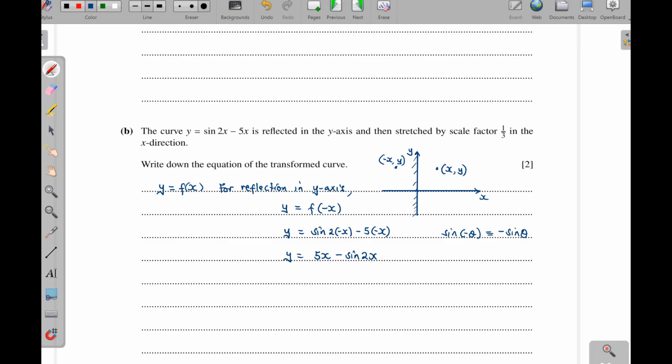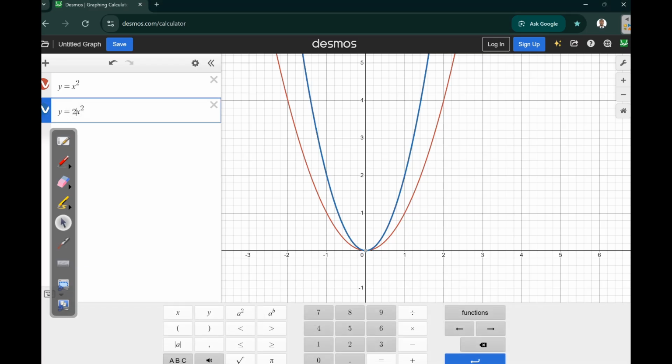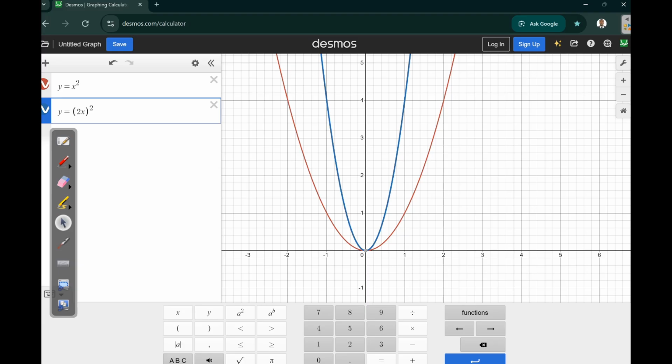What else do we have? When we go back to this diagram here, and we stretch this one in the x, okay? So let's put a 2 here, and then I'll close the brackets here. So I've put a 2 here on the x, but you see that the graph diminishes. You see that?